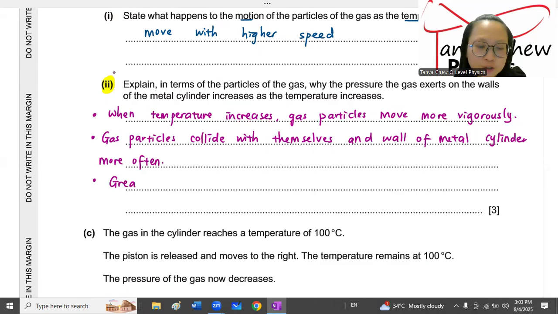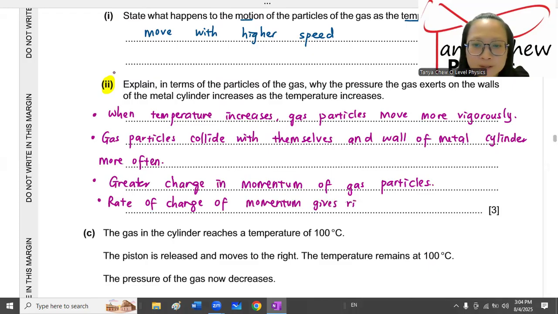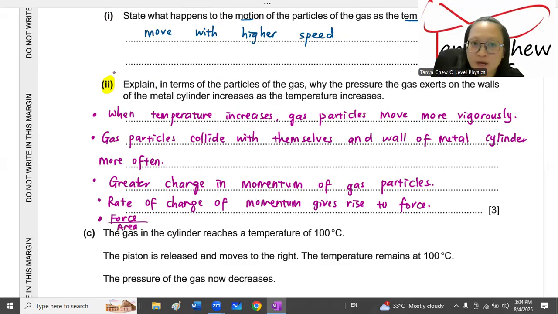So greater change in momentum of gas particles, rate of change of momentum gives rise to force, and force per area or cross-section area of the metal cylinder is equal to pressure.